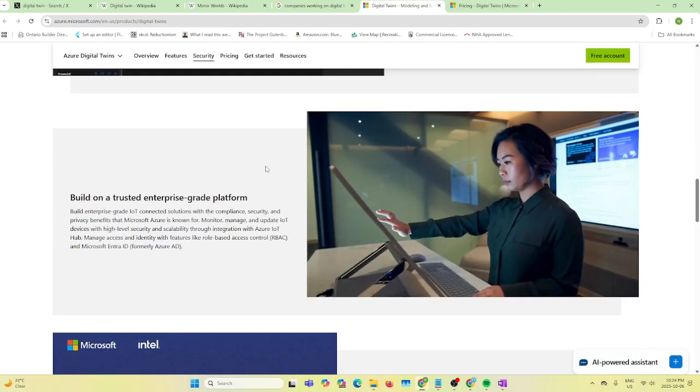Fun stuff. Build enterprise-grade IoT connected solutions with compliance, security. High-level security and scalability, integration with Azure IoT Hub. Manage access and identity with features like role-based access control, RBAC.